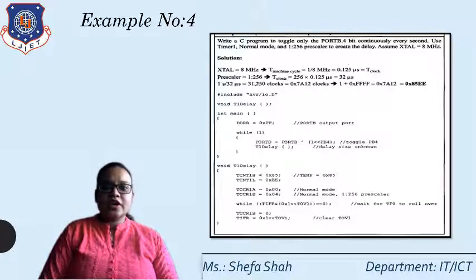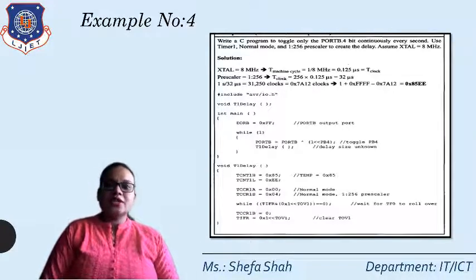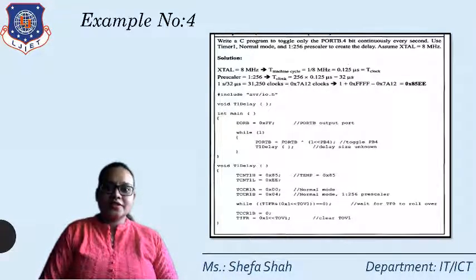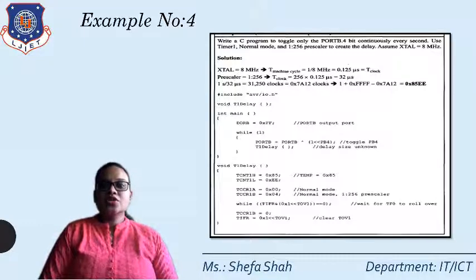And it is toggling every 1 second, so 1 divided by 32 microseconds is 31,250 clocks, right? That is subtracted from the 65536 number, and whatever result we get after subtraction is converted into hexadecimal. So the value is 85EE, right?